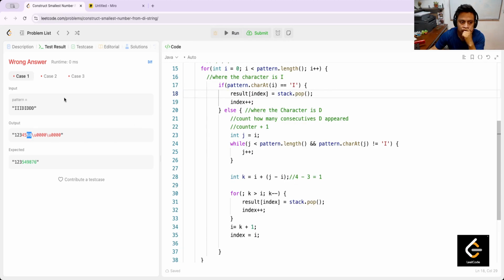Now this is wrong. This is wrong. This is okay because it is this and that's it. Now where is D? Take this.